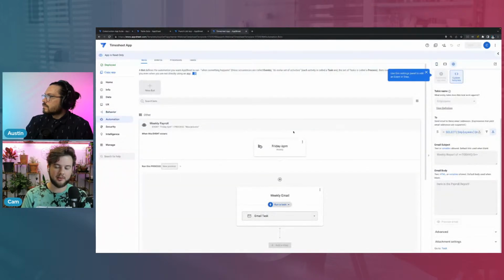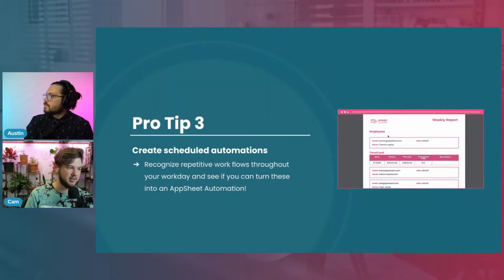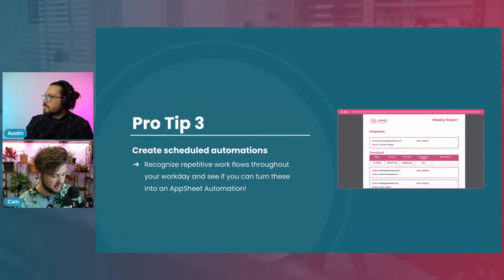And so if we go back to this slide right here, we can see this document that it generates. It gives a list of employees, and then inside the employees, it gives them their time cards. So within their time cards, it will show them all the times they've clocked in and clocked out, how much those are, and then it will also show their time sheets where it says this is their total sum of hours, this is their hourly rate, and this is how much they're getting paid for that sum of hours.